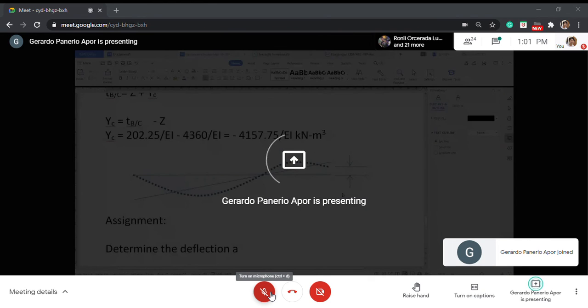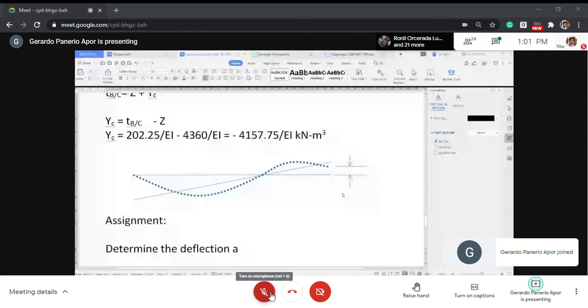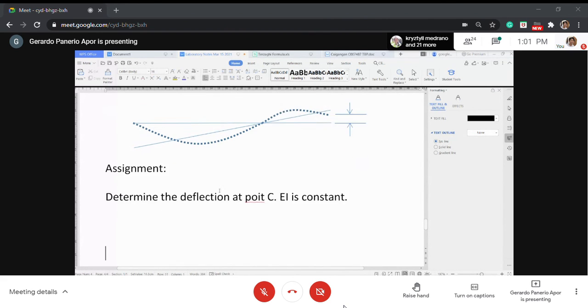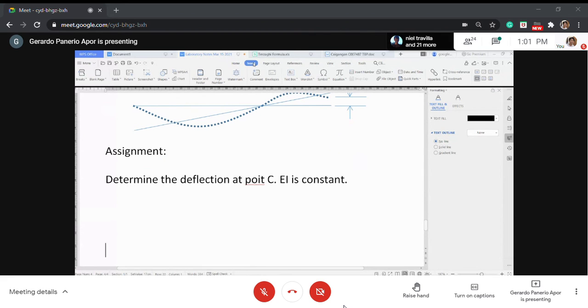Maybe I will put it in a box. Determine the deflection at point C. EI is constant. The figure is this one.